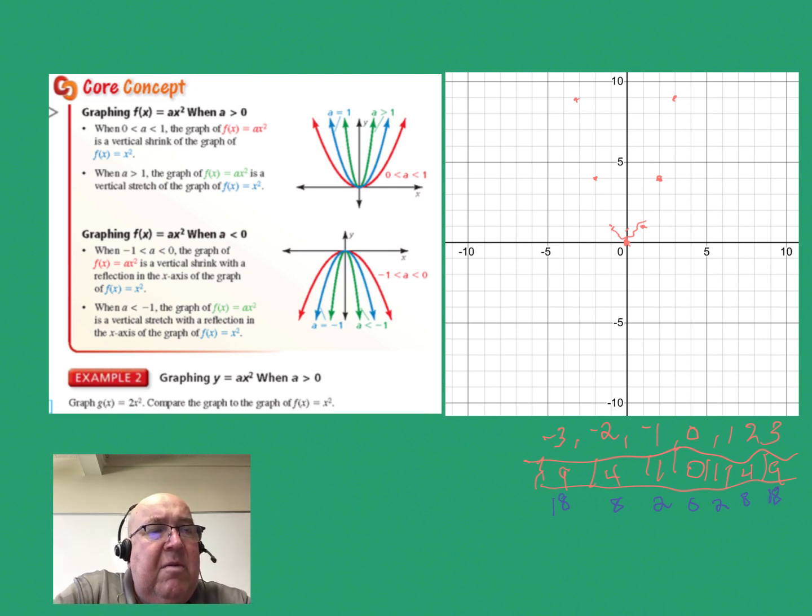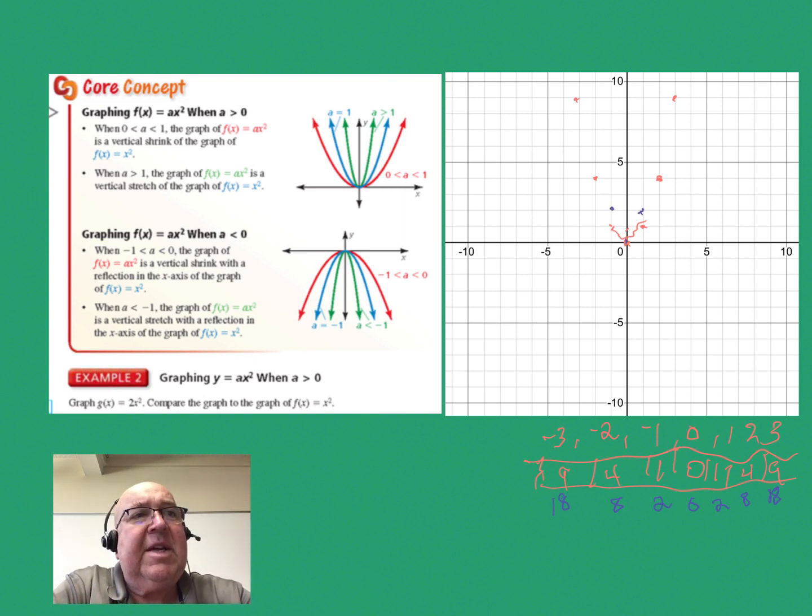So when we multiply by the number 2, we're actually bringing the graph inward. So it goes inside and steeper, closes up. If we multiply by something that is less than 1, it's going to go the other way. It's going to open up and be wider. If we multiply by a negative, it's going to have the same reactions.